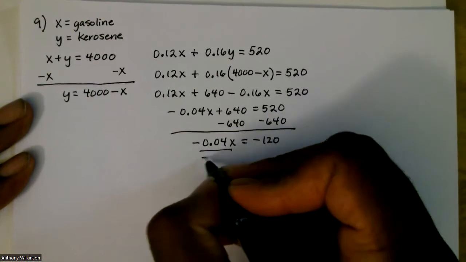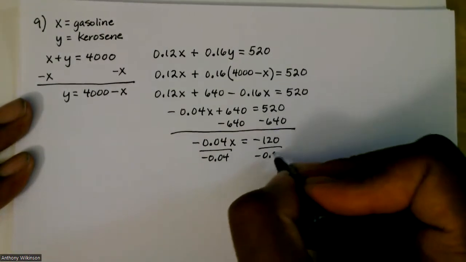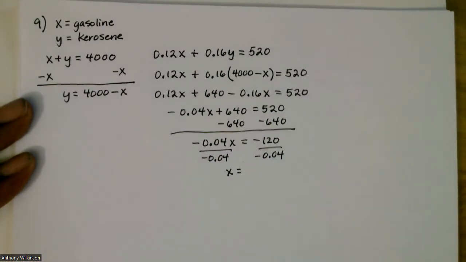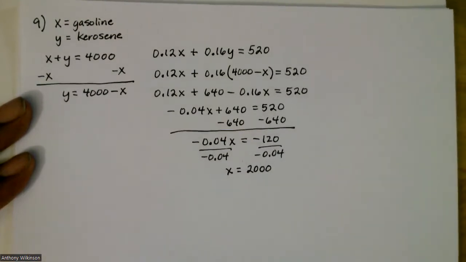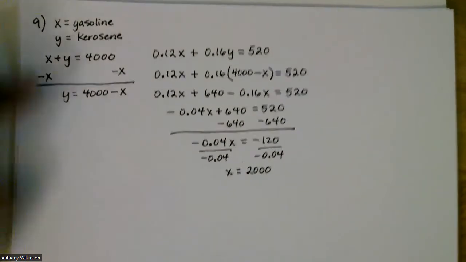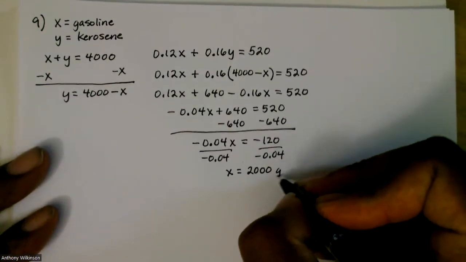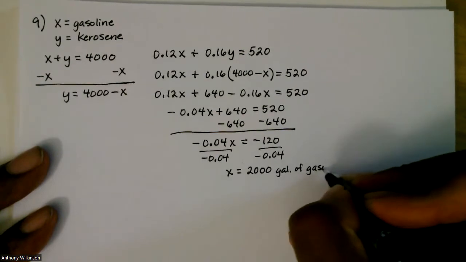And then divide both sides by negative 0.04. So that means X is equal to 2,000. And that 2,000, X is 2,000, that represents the number of gallons of gasoline. So here, this is 2,000 gallons of gasoline.